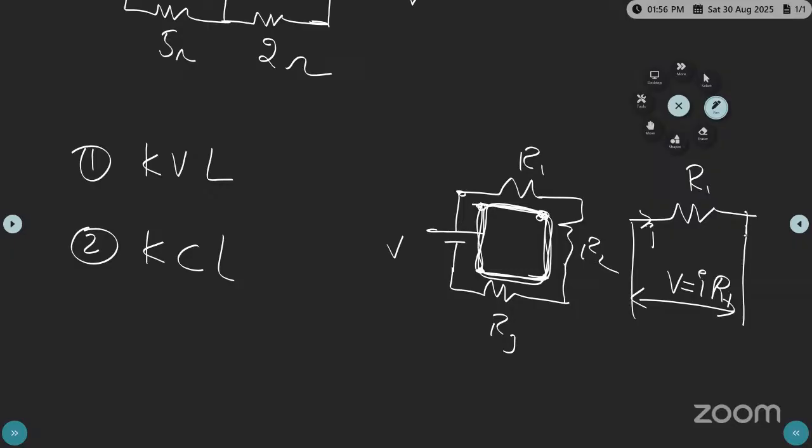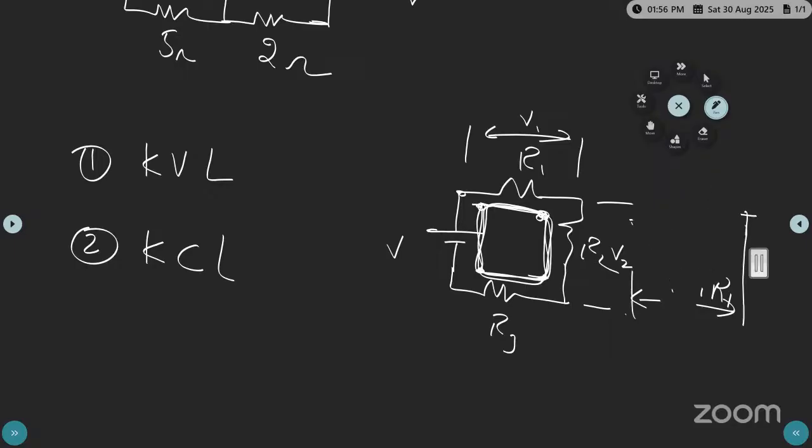So in a closed loop, the algebraic summation of voltages is equal to 0. What is the voltage across R1? Let us say it is V1. The voltage across R2 is V2. The voltage across R3 is V3. Here V is the applied voltage, a voltage source is also available. V1 is nothing but the voltage across R1, V2 is the voltage across R2, and V3 is the voltage across R3.